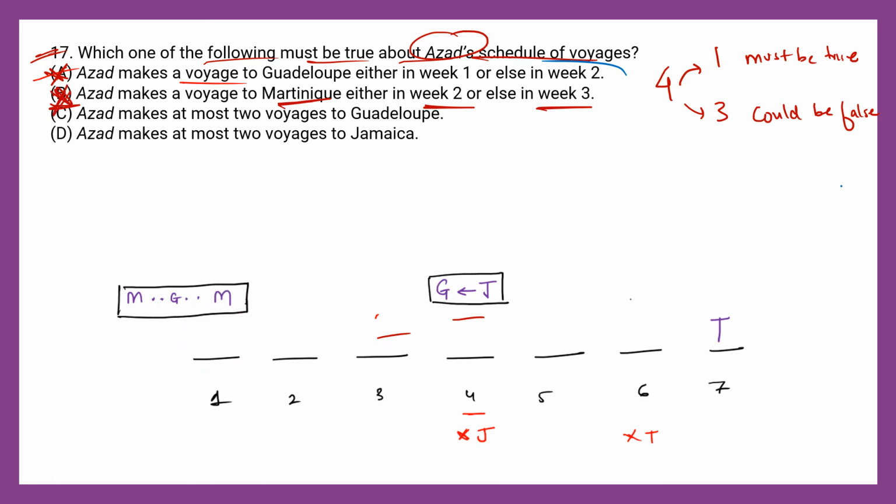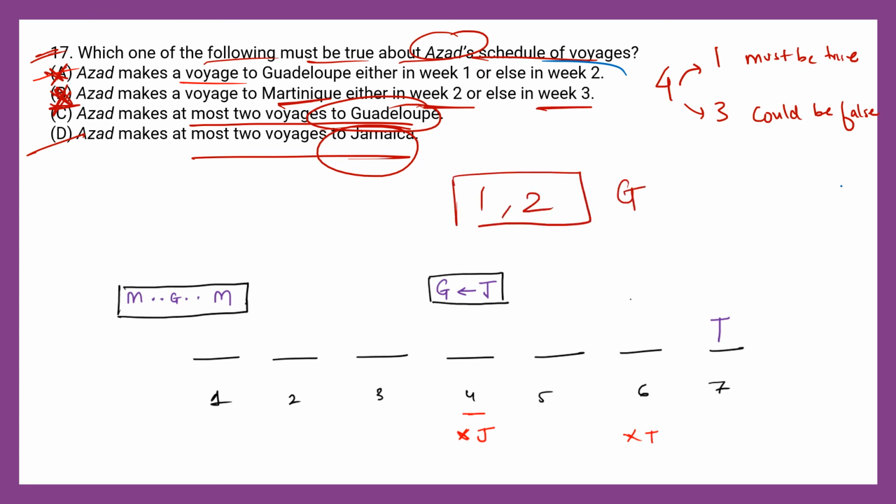Now, the interesting thing is that there are at the most 2 voyages to G and at the most 2 voyages to J. What does this mean? You cannot have 0, but you can have either 1 or 2 voyages to G. At the most 2 means that you have either 1 or 2, but not more than 2.